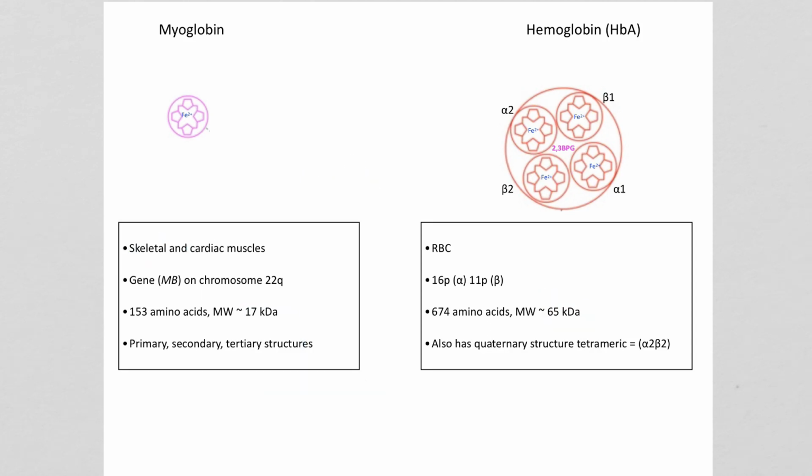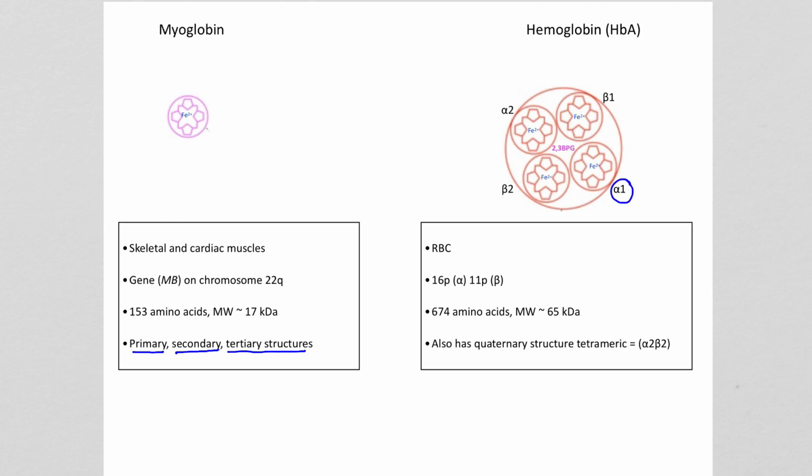In terms of structure, myoglobin has one polypeptide chain. Therefore, it has a primary structure, the sequence of amino acids in the polypeptide chain, the secondary structure, and tertiary structure. Hemoglobin, on the other hand, has 4 polypeptide chains.